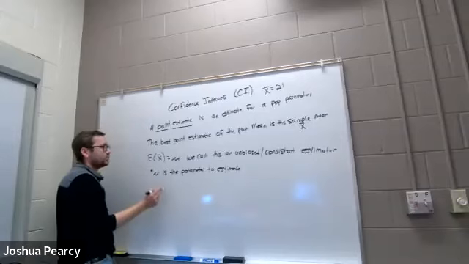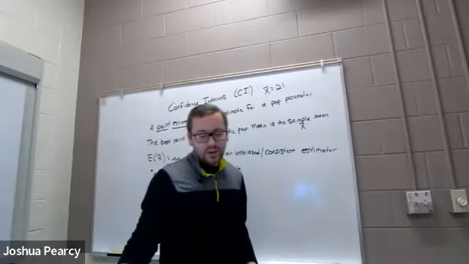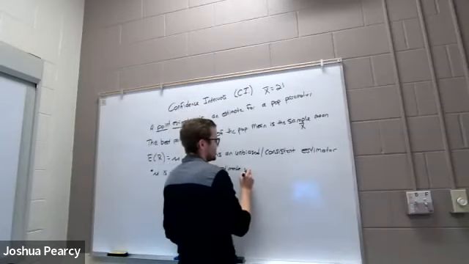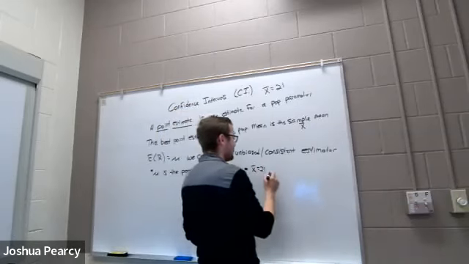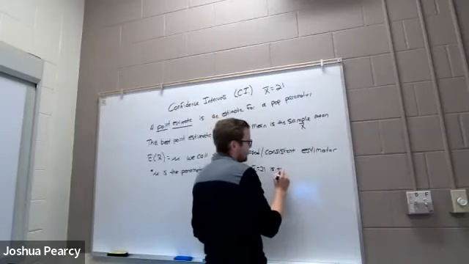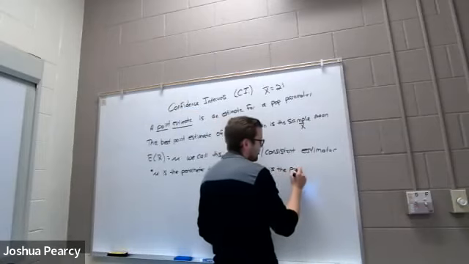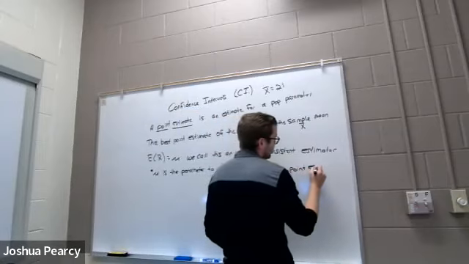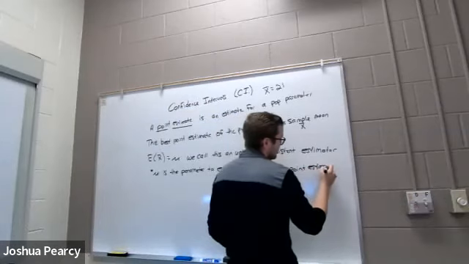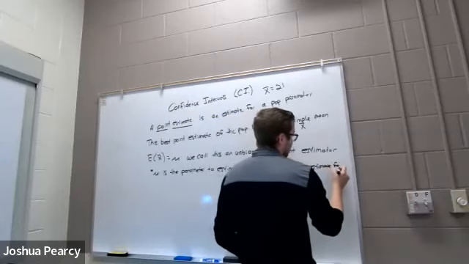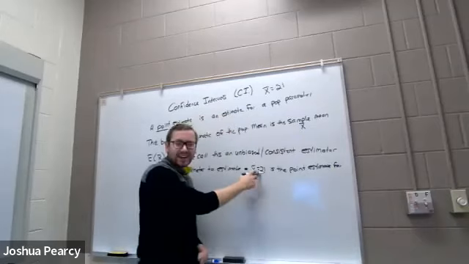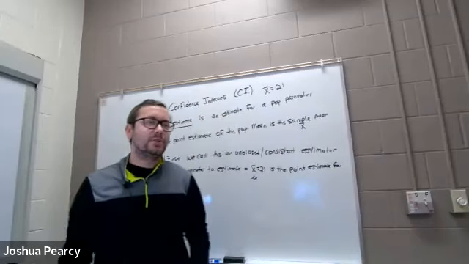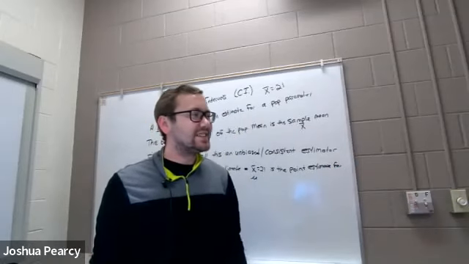So we're looking at mu. And the second bullet point, X bar equals 21, is the point estimate for mu. So based on sample data, I can compute some point estimate. In this case, the point estimate for the population mean mu is actually X bar.